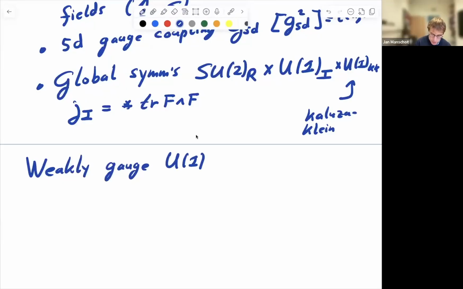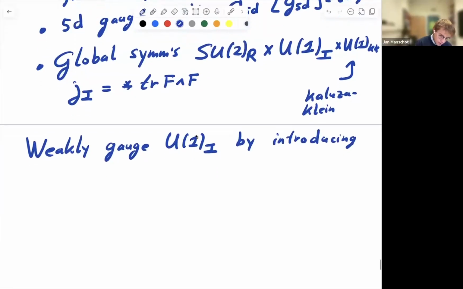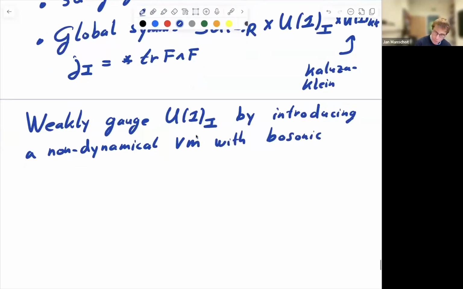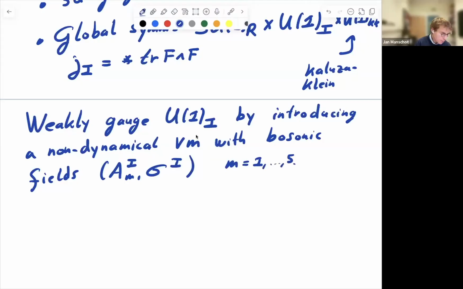So this gives us then an extra field strength and scalar field: a non-dynamical or frozen vector multiplet with bosonic fields A^I_M and sigma^I, M running from 1 to 5, the spacetime indices.